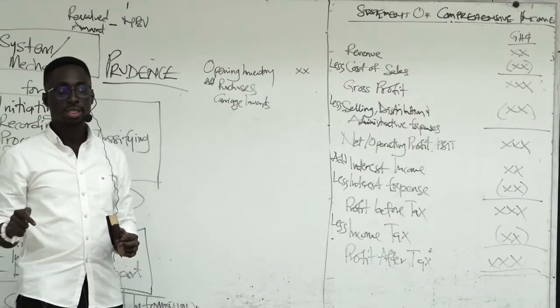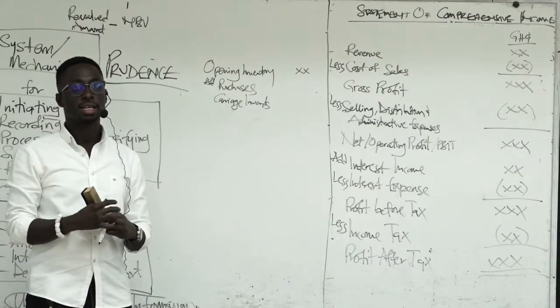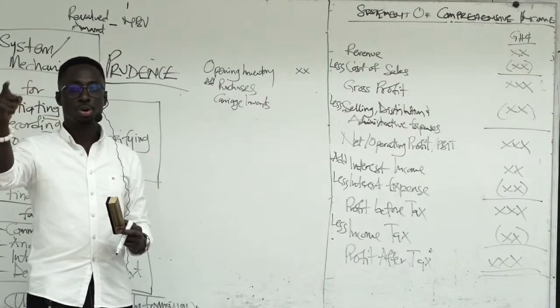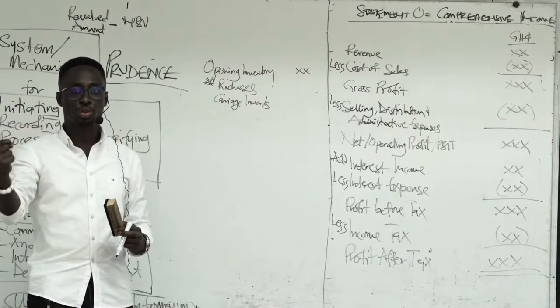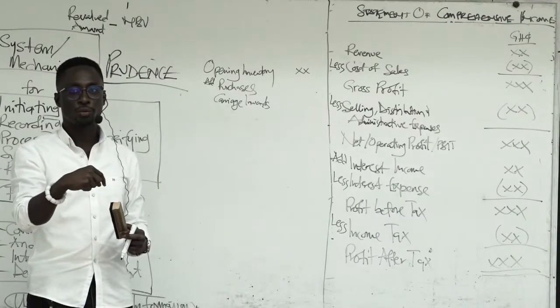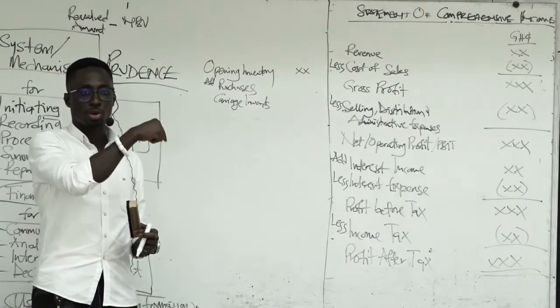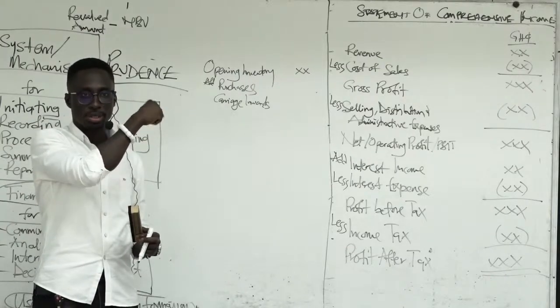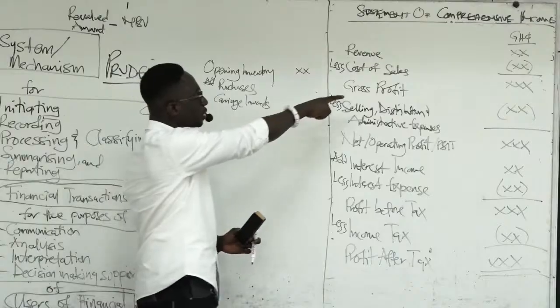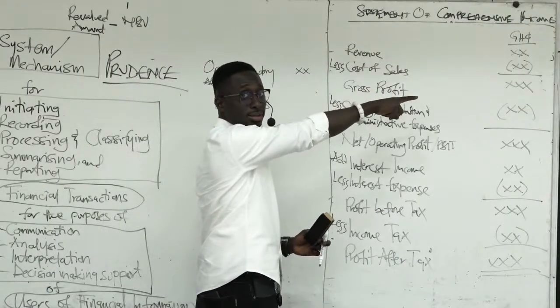You see, the drawings made by the proprietor for self-use should not be considered as part of the cost or the expenses of the business. Because what this formula is going to do is to ultimately record an expense relating to the period.